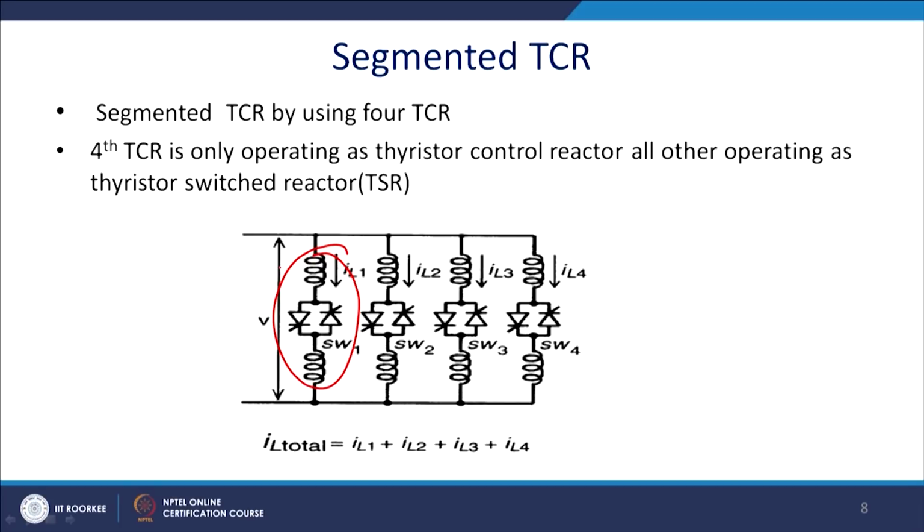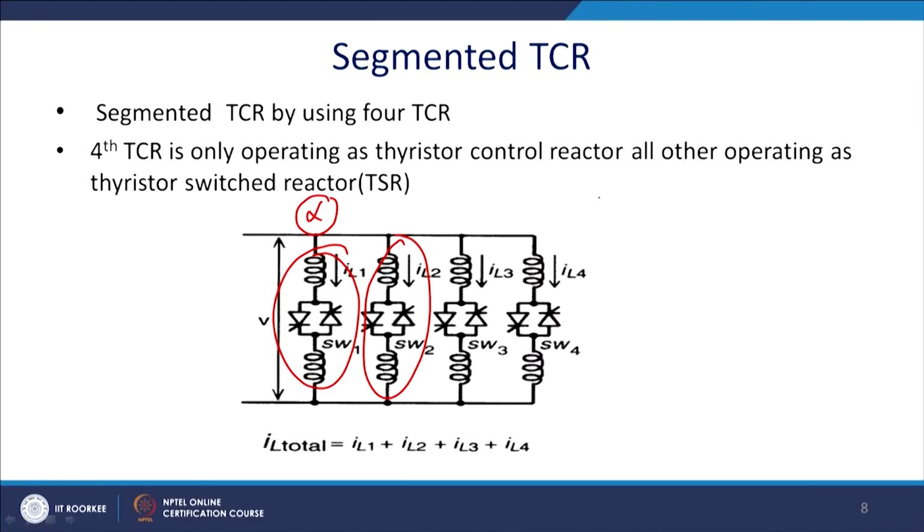So, what happens, if it is on, then no third harmonic will be there. Third harmonic will arise only from this component, because this has alpha control, and the others will have on-off control. So, the source of the harmonics will be this element only of the TCR, and the others will handle the power accordingly.